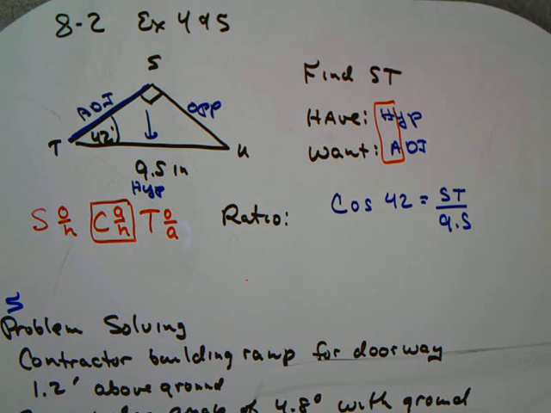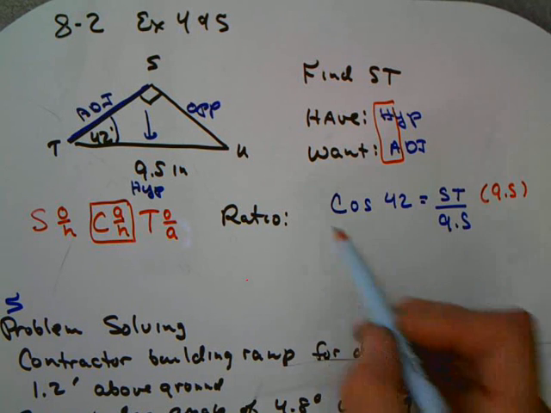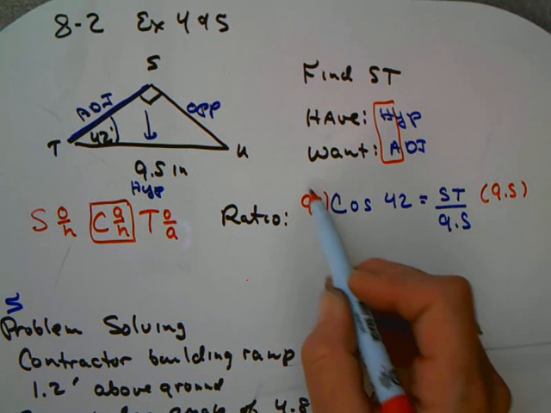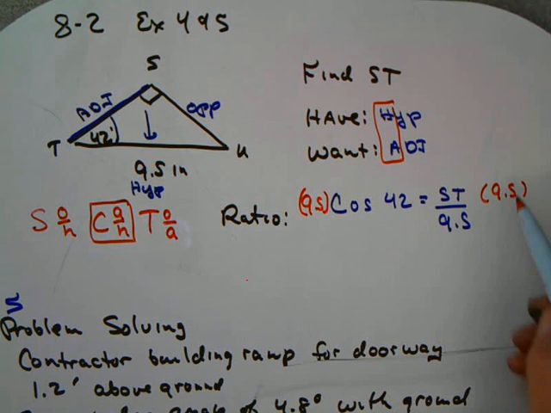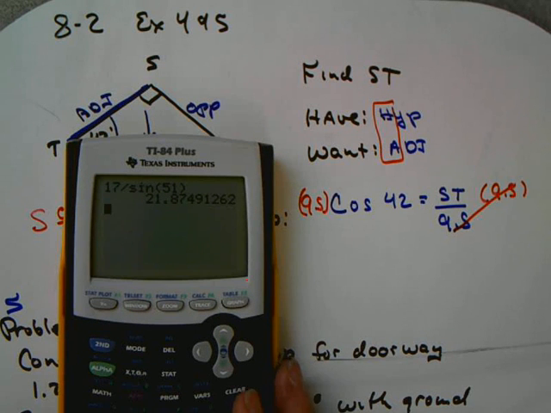Now we just solve it. And we remember that cosine of 42 is just a number, so the first thing we do is multiply by 9.5, that's the opposite of dividing here, and we do the same thing on both sides. That's going to cancel out, and to find my answer, I'm just going to take 9.5 times the cosine of 42 degrees in degree mode.